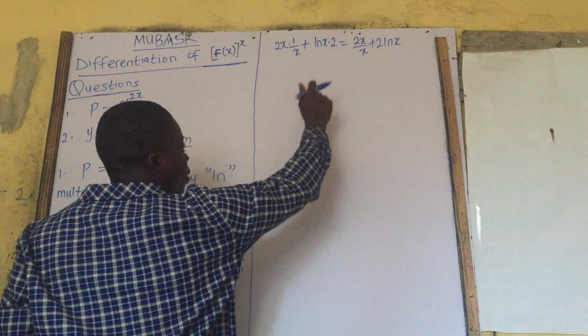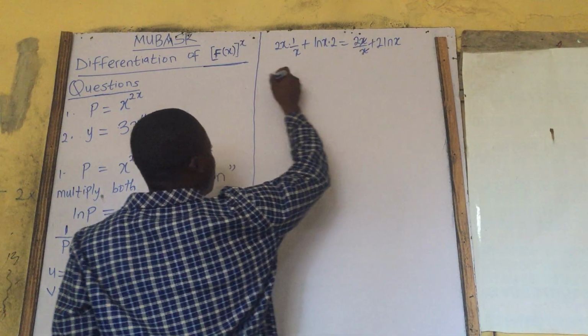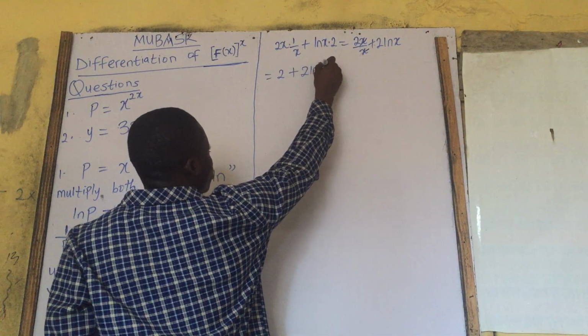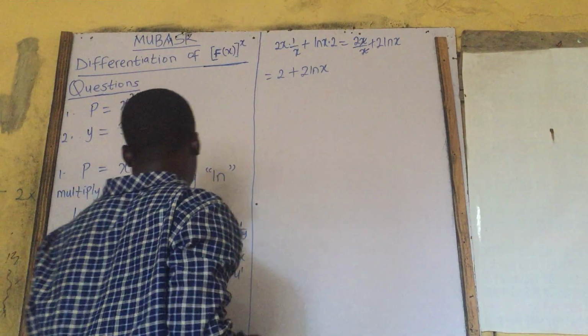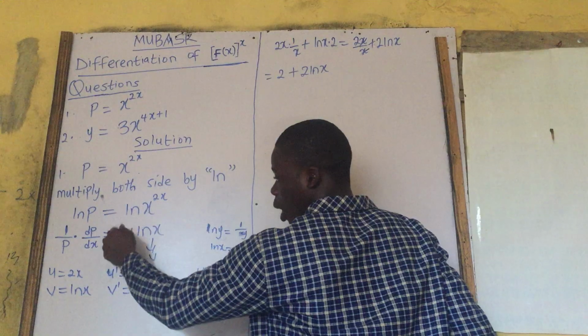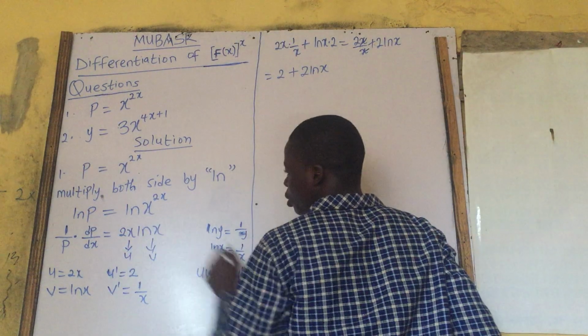Since we have a fraction here, x cancels x, remaining 2 plus 2 multiplied by natural logarithm x. So we can now put it back here.